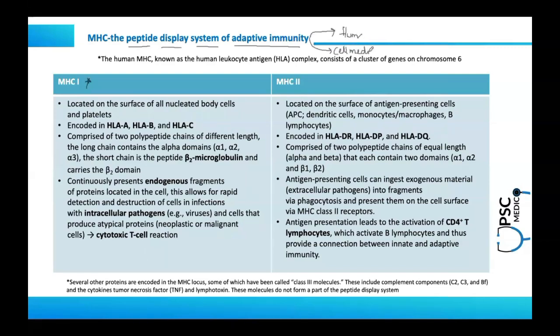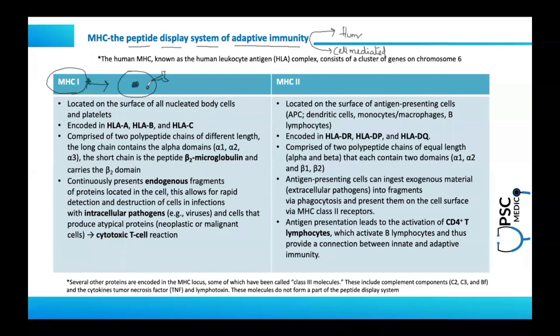So what are the two types of adaptive immunity? One is humoral immunity, and the other is cell mediated immunity. So the MHC1, what is it doing? MHC1 is continuously present on, like what does it do?